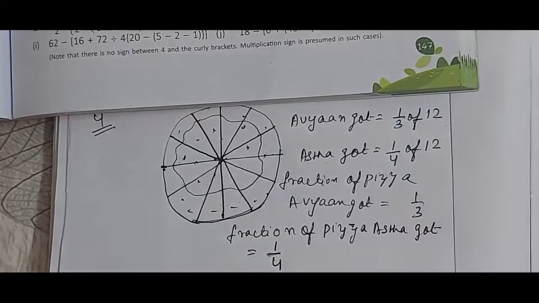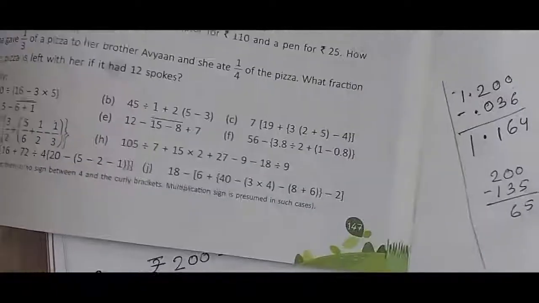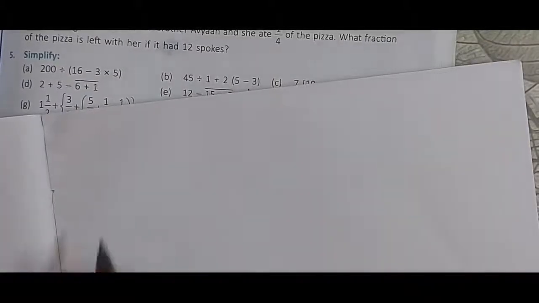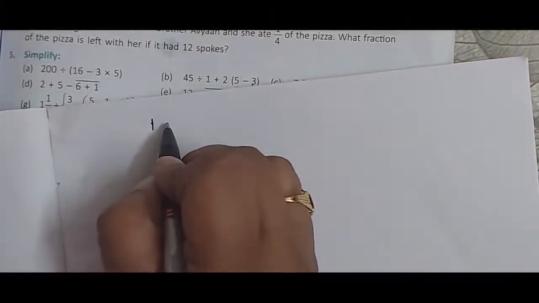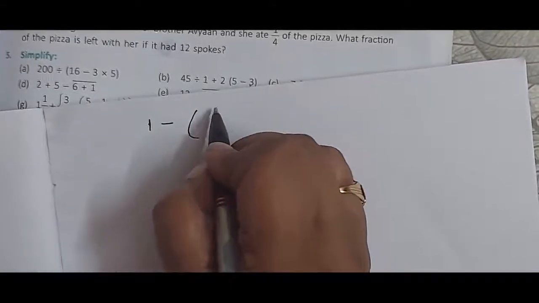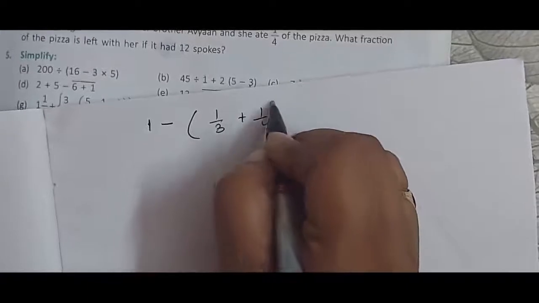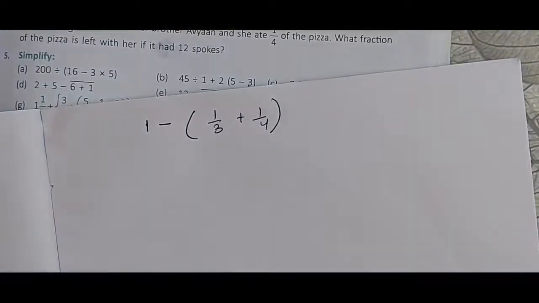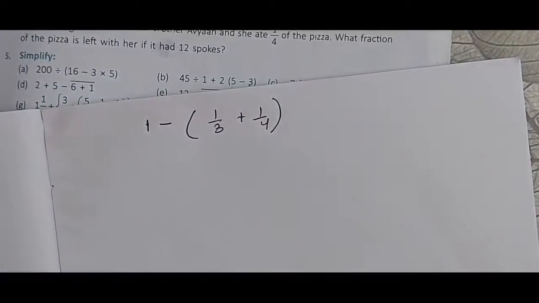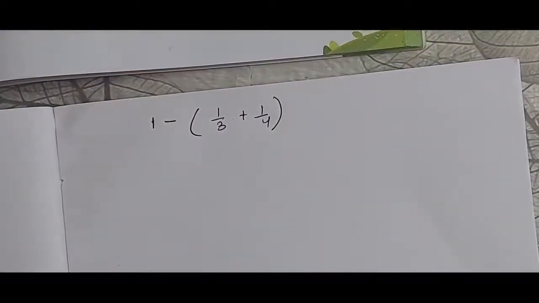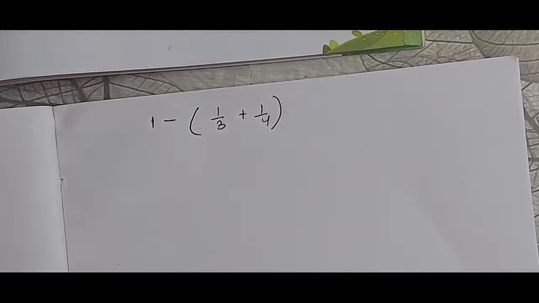So we can write it in this way: 1 minus the sum of 1/3 plus 1/4. This gives us the fraction of pizza that is left.